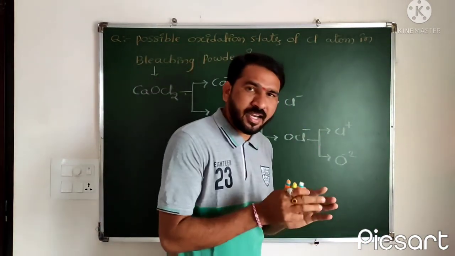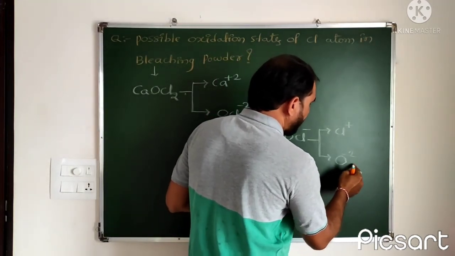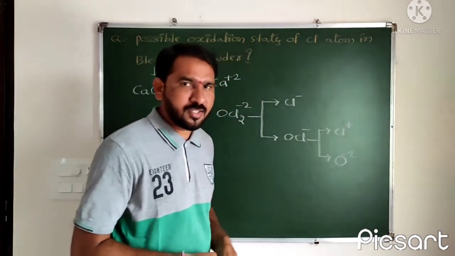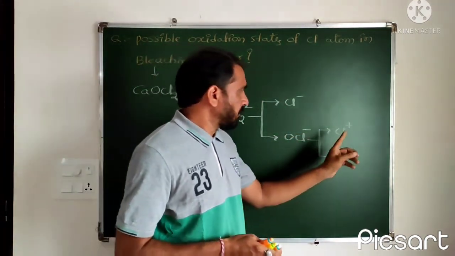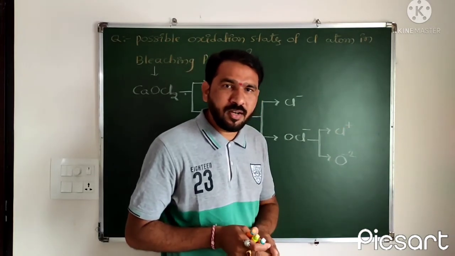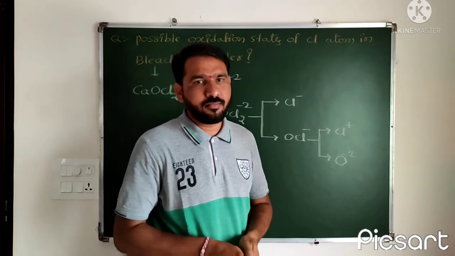OCl minus again dissociates as Cl plus and O minus 2. It means -1 oxidation state is possible, +1 oxidation state is possible. If we take the average oxidation state, 0 is also possible.